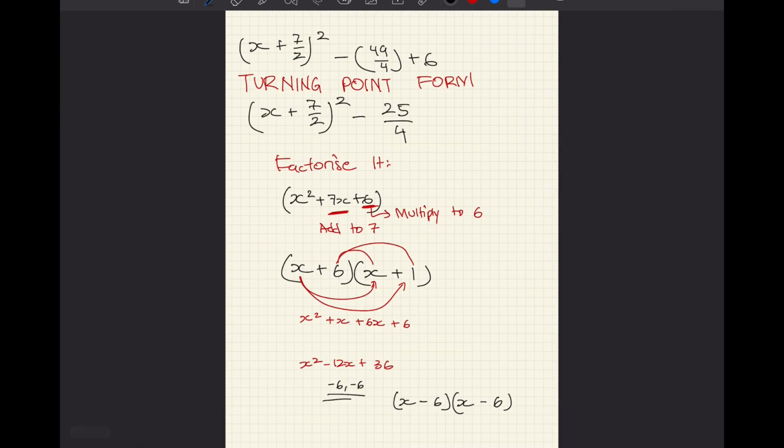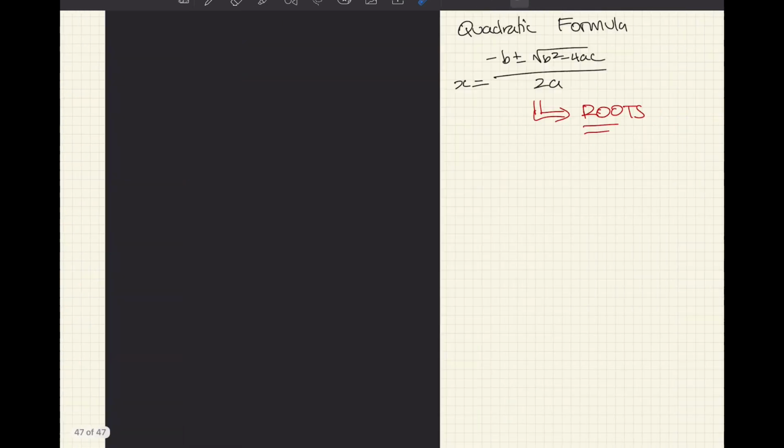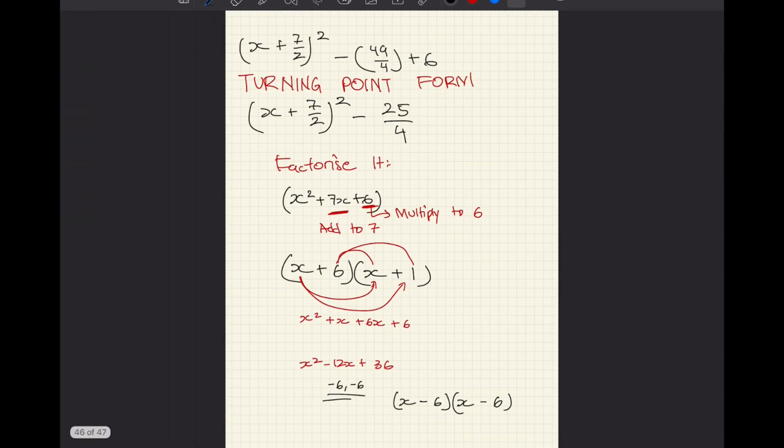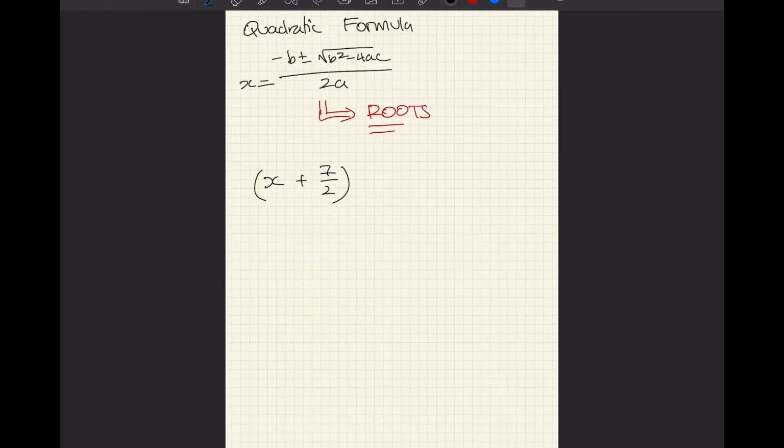So let's take the value that we produced using the turning point form. So y equals (x + 7/2)² − 25/4.